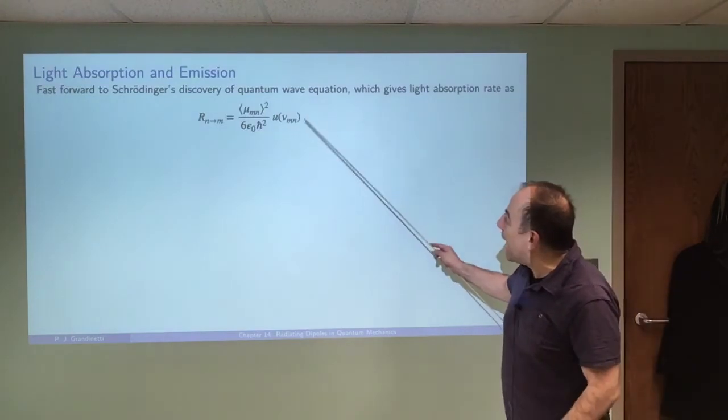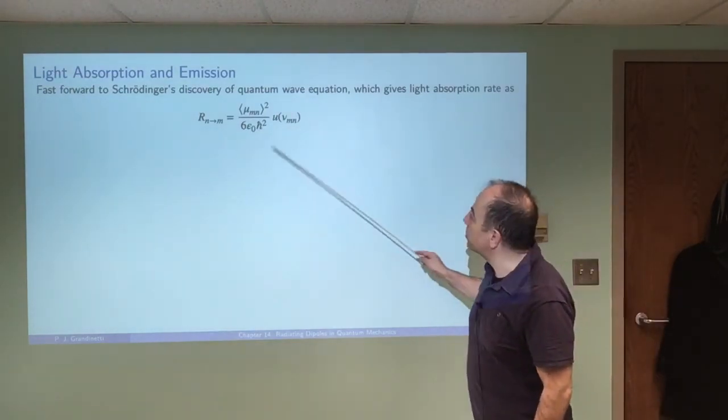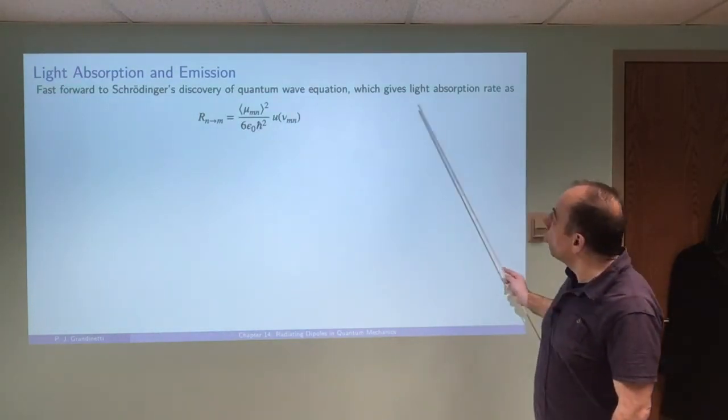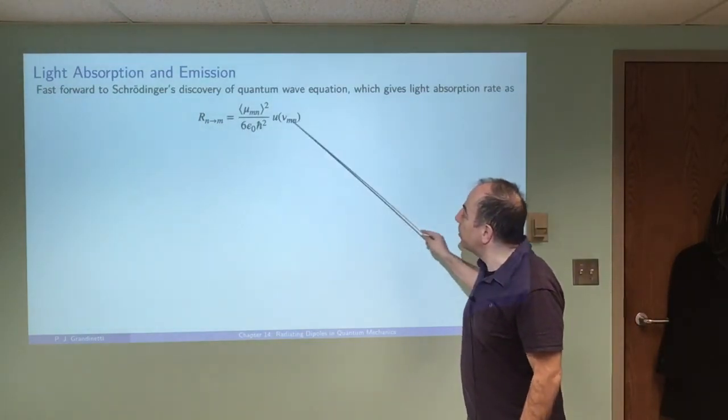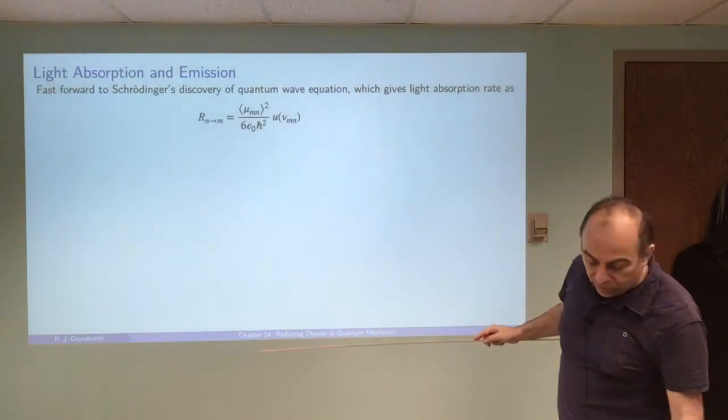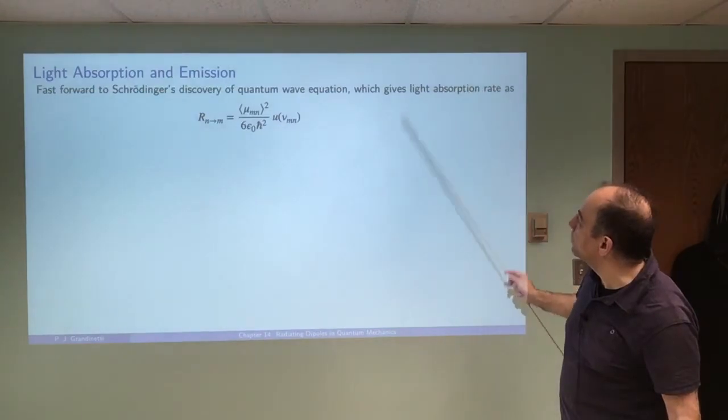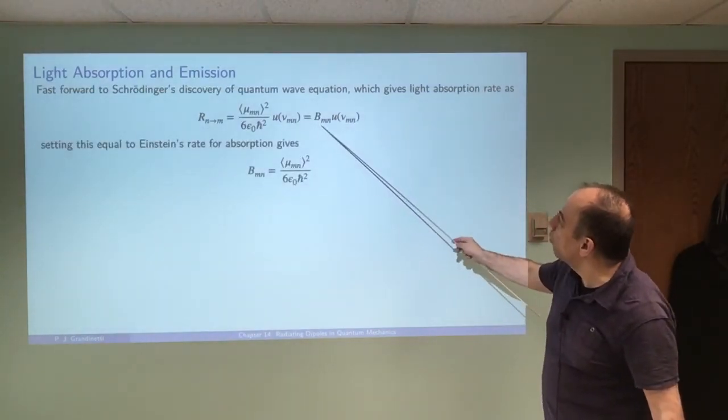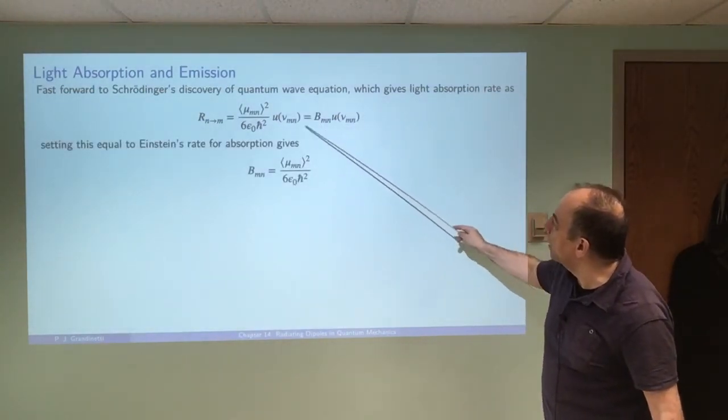So if you go back then to Schrodinger's picture, where we actually derived earlier this rate for the light absorption, then we can use that and equate it here.